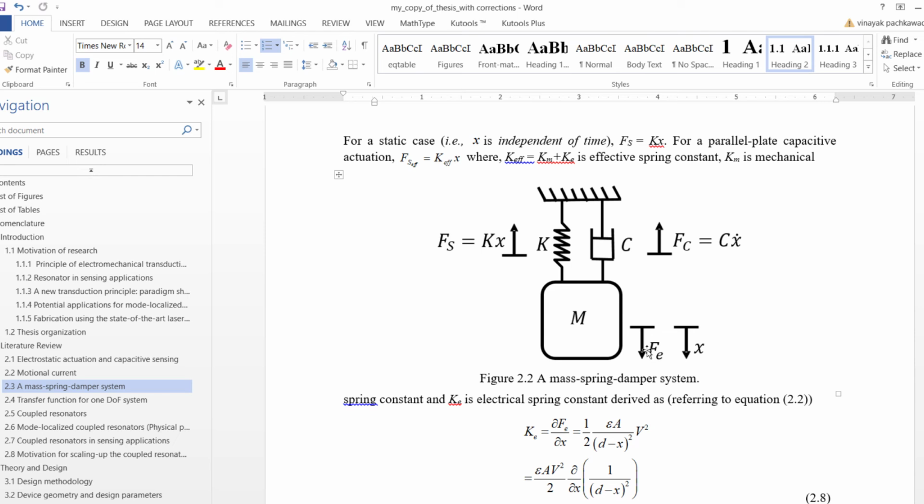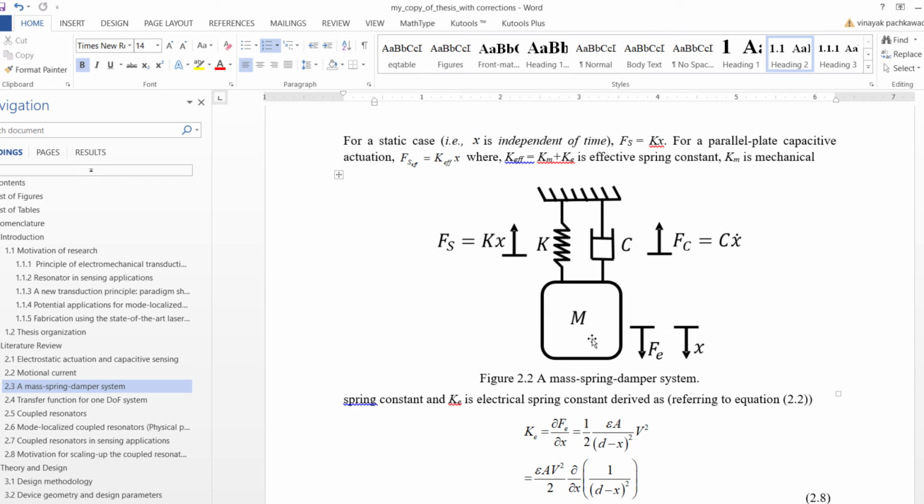And as we saw in the previous video, in case of parallel plate capacitive actuator, that force was electrostatic, which will displace this proof mass from its original position by a distance x indicated over here.